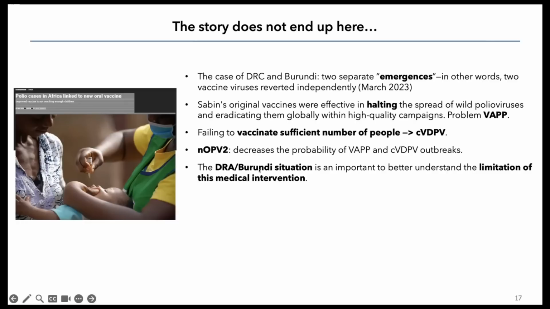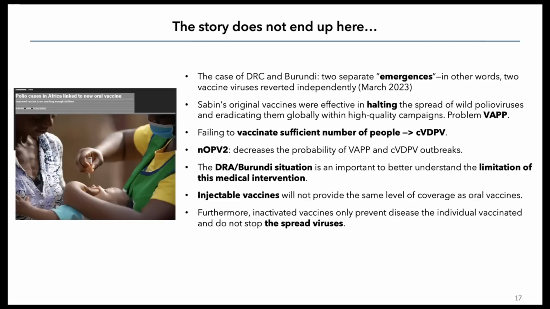But the situation in Burundi is important because it shows what are the limitations of this improvement in the medical intervention. And it's important that using this information, we can further design campaigns that will prevent these unfortunate cases.